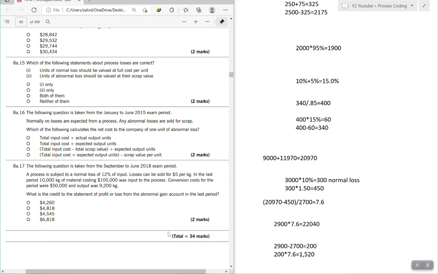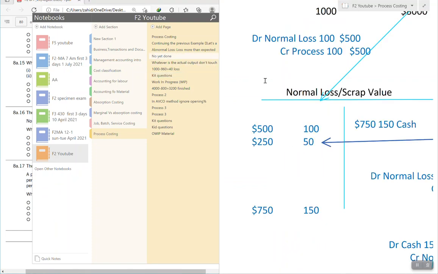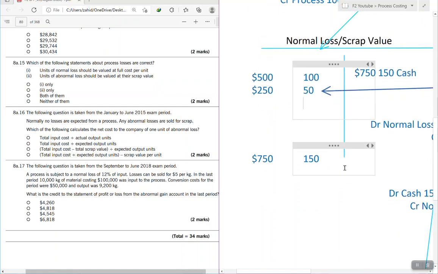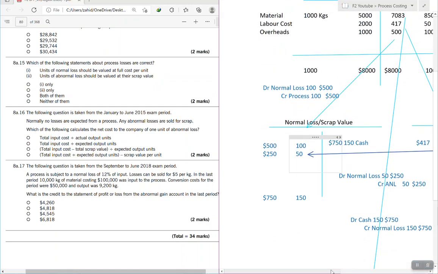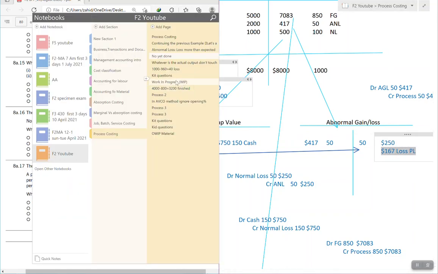Next, what is the credit to the statement of profit or loss from abnormal gain in the last period? Remember, the amount that is credited is that specific amount, okay? Not the total value. Like in abnormal loss, there will be that differential value.